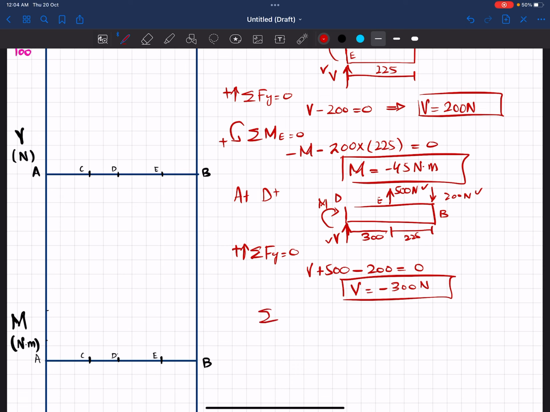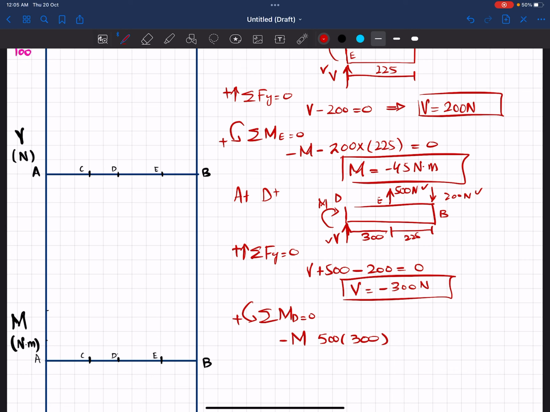Now we'll apply the sum of all moments about point D must be equal to 0, taking the counterclockwise moment as positive. At point D we have an external moment that is clockwise, so it will be negative. The other moment is due to this 500 Newton load with perpendicular distance 300, so 500 into 300, in millimeter.